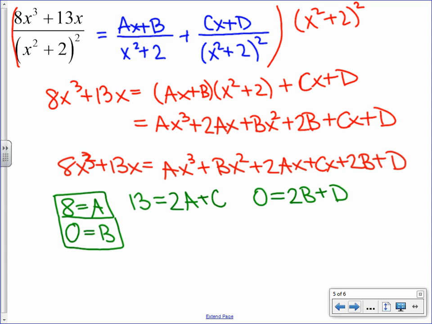Okay, well, lucky enough for us, we already know what a and b are, right? So if a is 8, then we can plug that in and help us find c. If a is 8, what is c? -3? All right, and 0 equals 2b plus d. If b is 0, what does that mean about d?